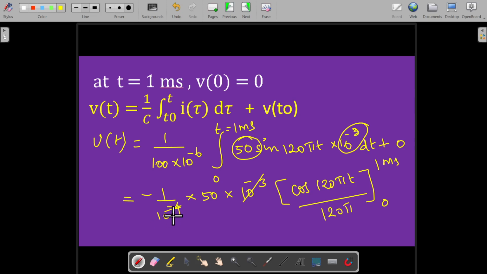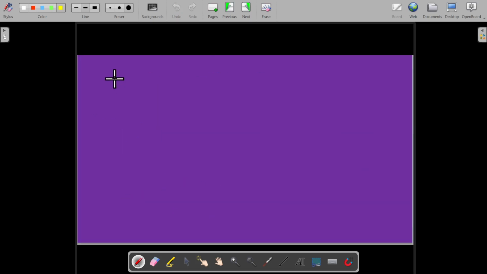So you will be getting 10 power minus 1, isn't it? That 10 power minus 1 can be brought to the numerator so that you will get 10. And then this 0 and this 10 can be cancelled out. So it is 50 minus 12π, then you have cos 120πt with the limit 0 to 1 millisecond.